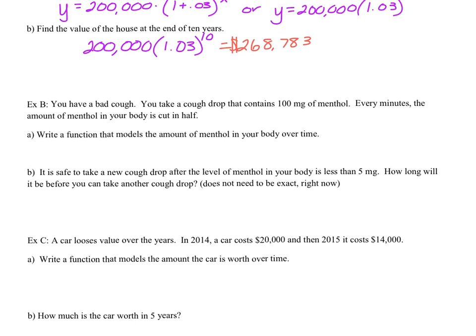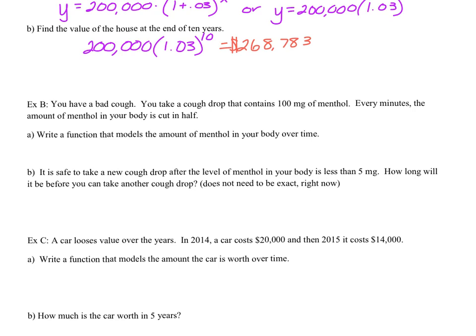Example B, you have a bad cough and you take a cough drop that contains 100 milligrams of menthol. Every minute, the amount of menthol, not methanol, you don't want to take methanol, menthol in your body is cut in half. I don't know why it says minutes, but that's right. So you want to write a function that models the amount of menthol in your body over time.